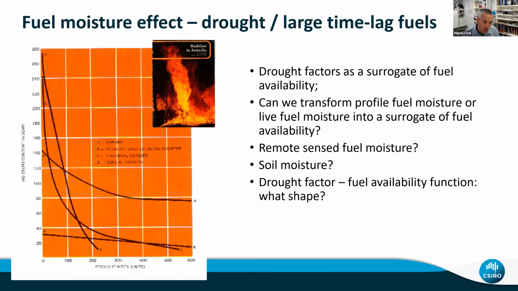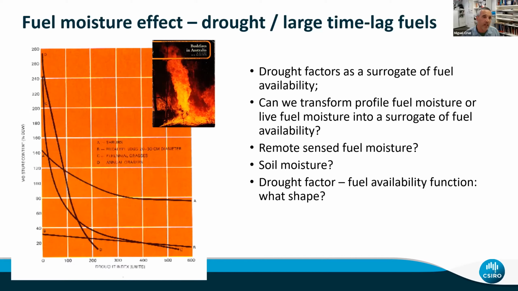All in different ways, but all go down. And so drought factor tries to capture all these bulk effects, right? Not just one component, but all of them. But it's a bit coarse, right?